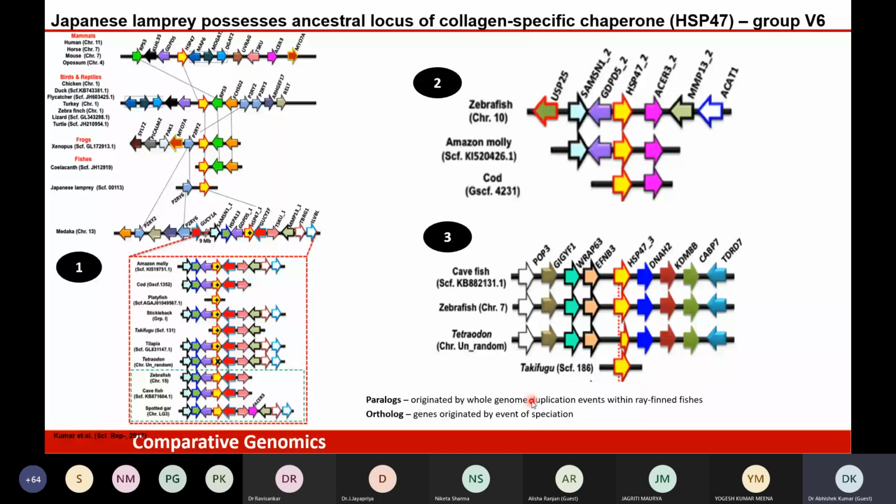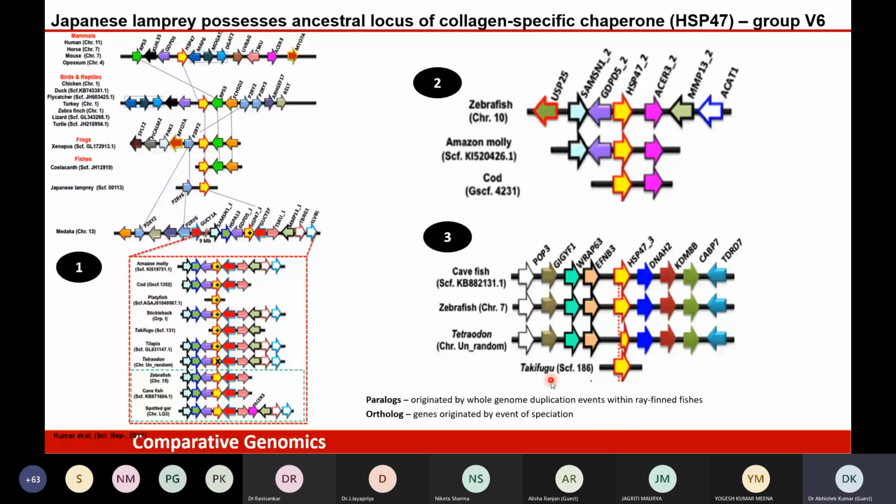So this one in lamprey, which is a primitive fish, has one copy, and also in tetrapods one copy. So this is ortholog in all species, because it has probably originated by speciation. While from this gene's duplication, 2 more copies originated. So these are called paralogs.